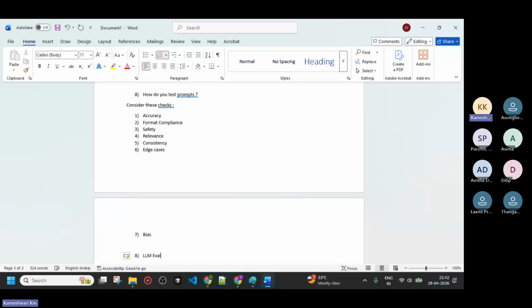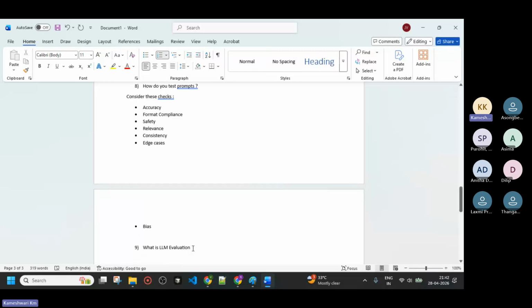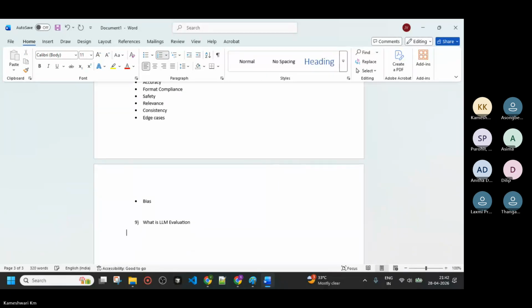LLM evaluation. What is LLM evaluation? We are measuring model output quality using metrics.